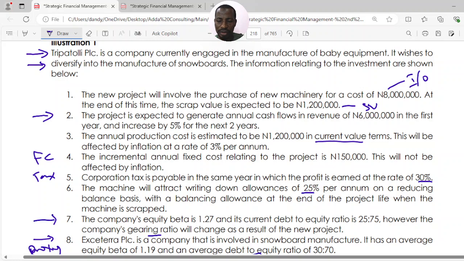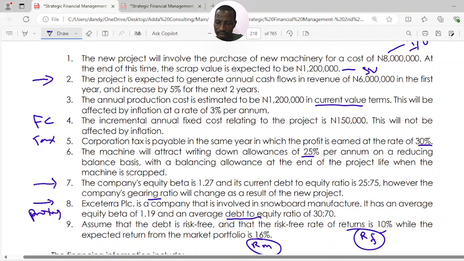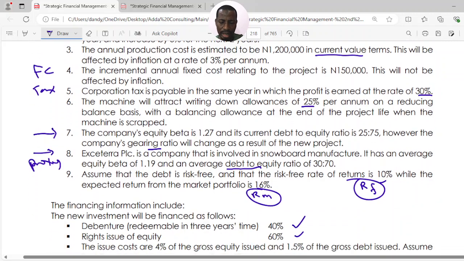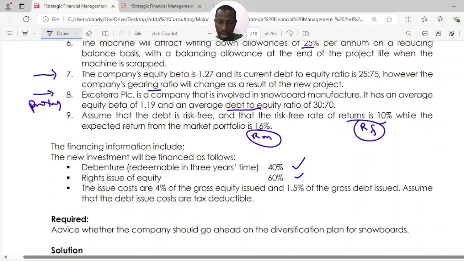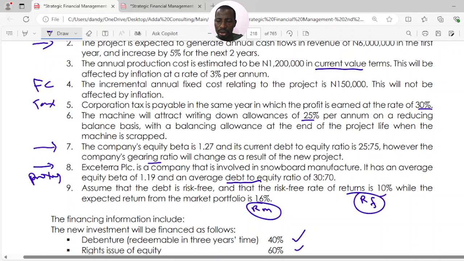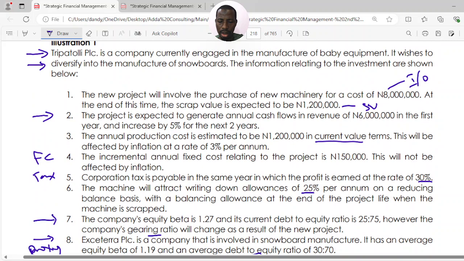So first thing first, I also need to ascertain what's the useful life of this project. Okay, what is the useful life of the project? Right, let me identify again. The examiner has already told us that we should inflate the revenue for the next 2 years, which means this project has 3 years life.